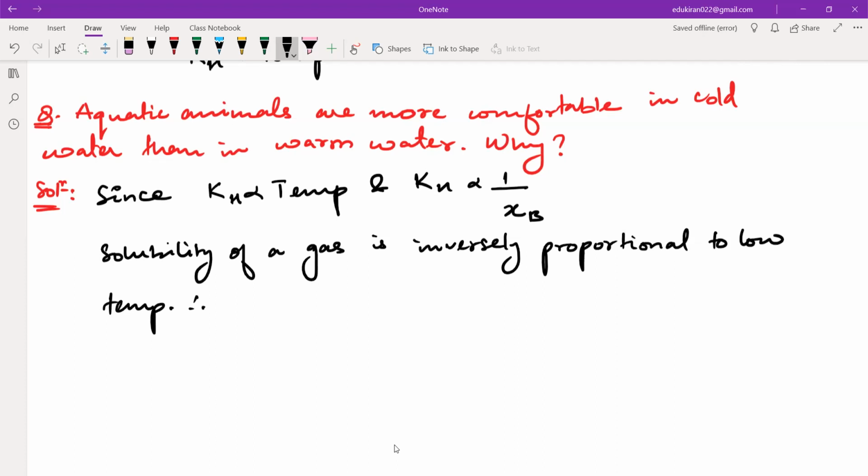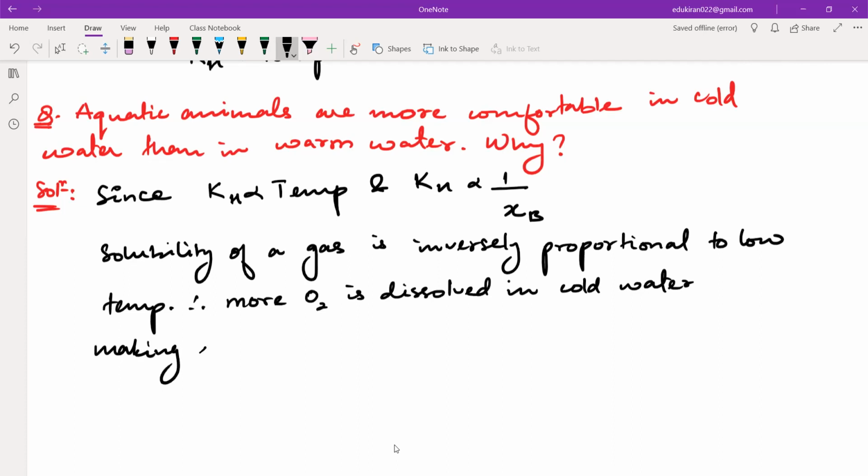Therefore, more O2 is dissolved in cold water, making it more comfortable. Okay?